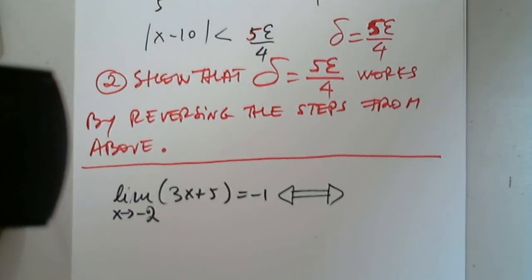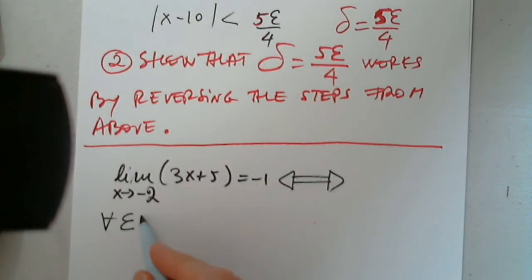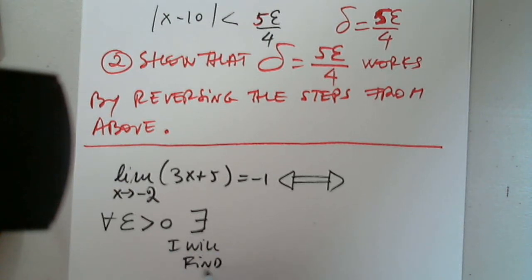Would it be for every epsilon positive greater than 0? Perfect. That backwards e symbol, what is that called? There exists. I will find a delta greater than 0.